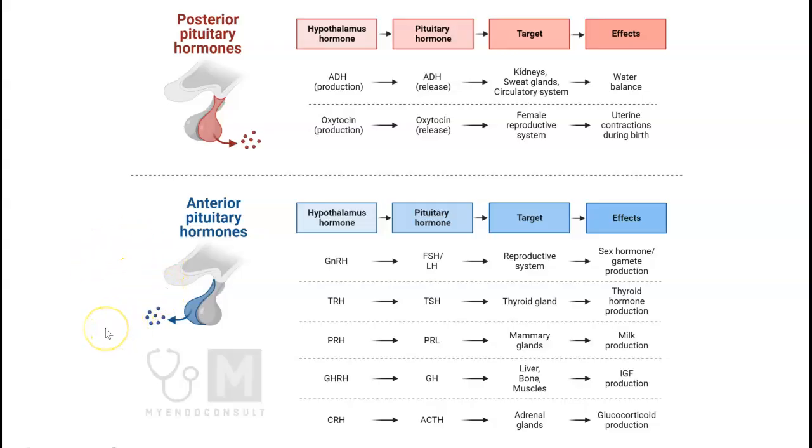I'm not going to hold you to knowing those releasing and inhibiting hormones from the hypothalamus, but you can see that they're right here, even though we did talk about a couple of those, not only in this chapter, but in the reproductive chapters as well. Hopefully this table will help you to organize the differences between the posterior and anterior pituitary.